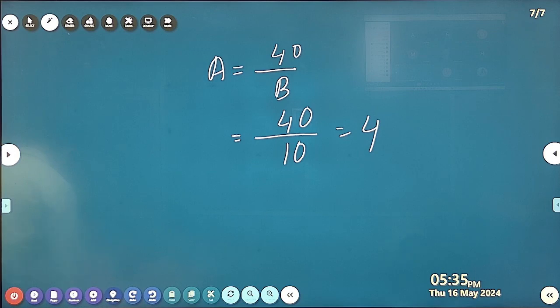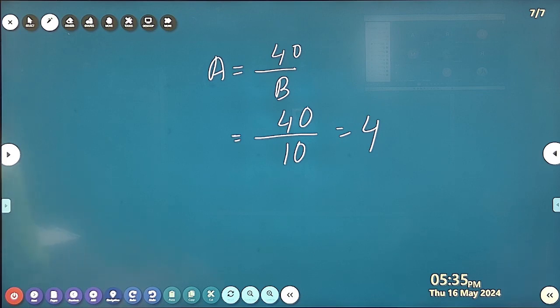So next, write simple interest, the next topic. Have you ever studied simple interest before? Write simple interest. You know the formula, okay.